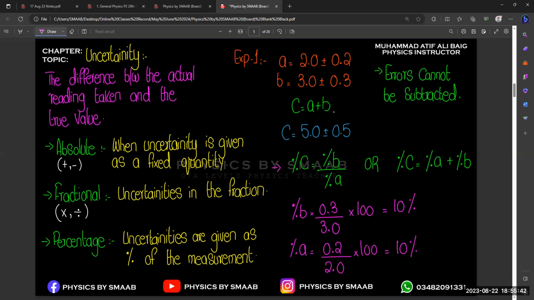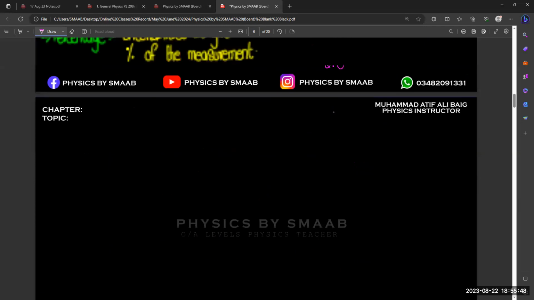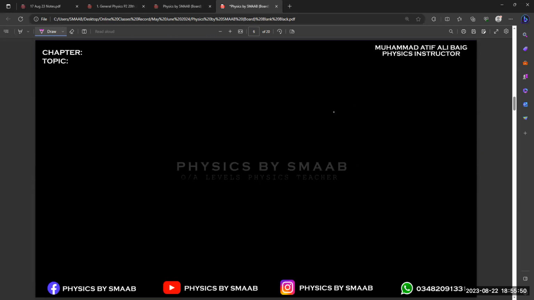Because in normal addition, we just combine the values, and your answer is completely different, right? So your final step will be: the percentage error in C is equal to the percentage error in A plus the percentage error in B. We know that we got 10%, 10%.